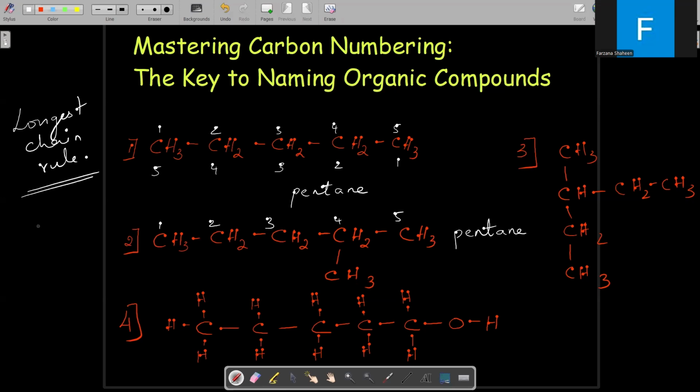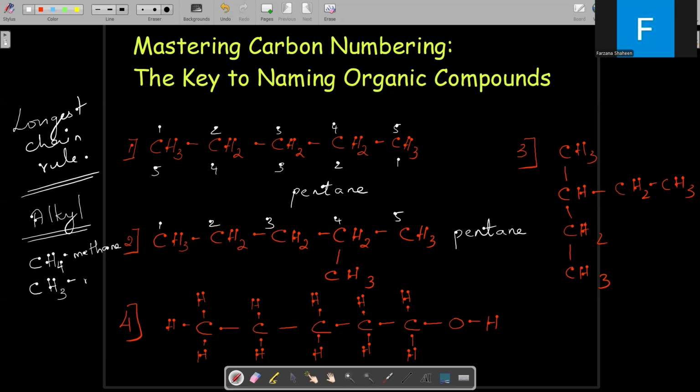Now, remember, we spoke about the alkyl group. Now, what is the alkyl group? Whenever a hydrogen is dropped, for example, if it is methane, and one hydrogen is dropped, it becomes CH3.